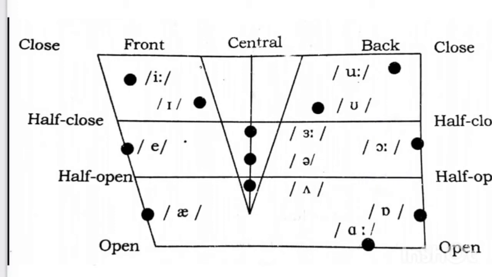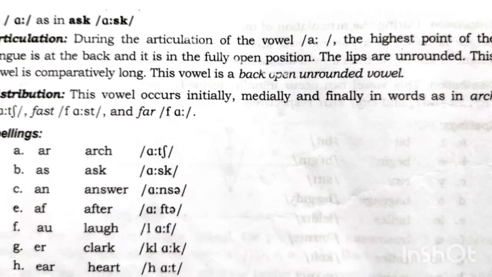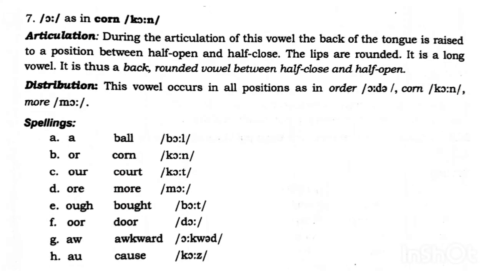Between half open and half close you can find O as in corn. The lips are rounded. Corn. It is a long vowel, we have already seen that. It is thus a back rounded vowel between half close and half open.